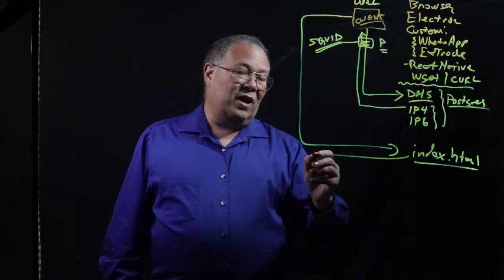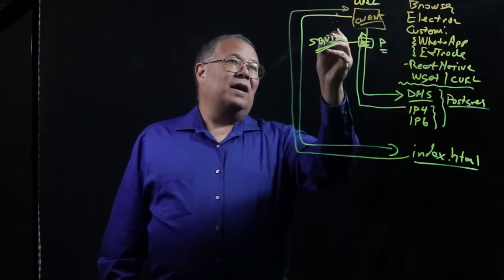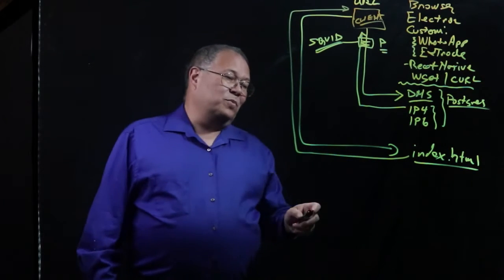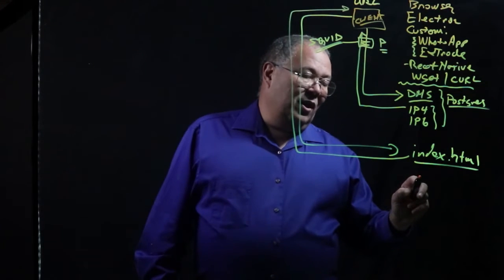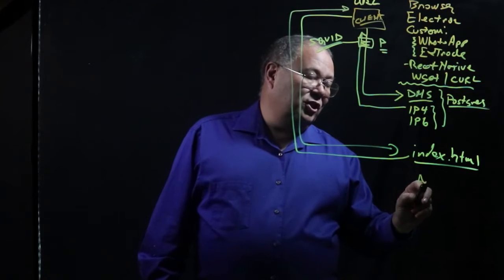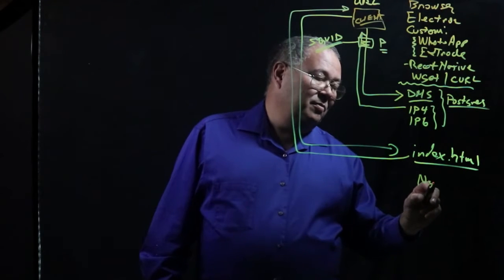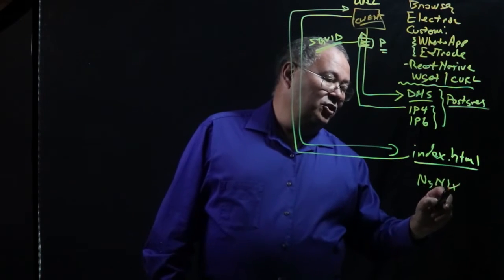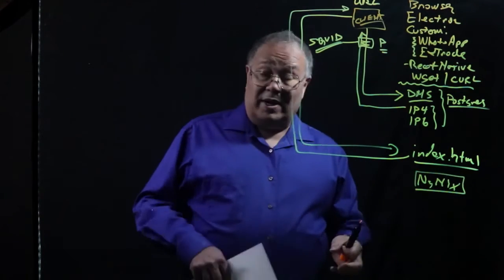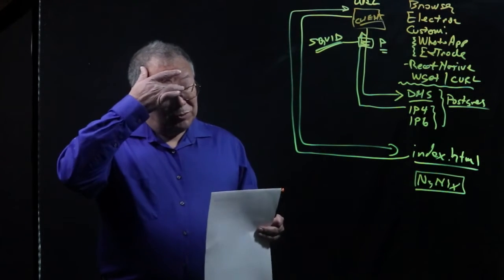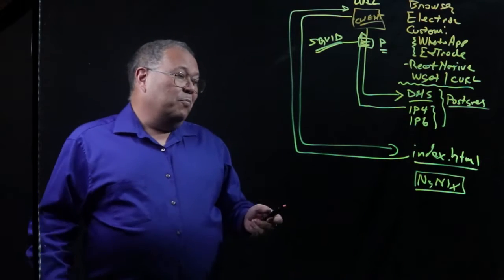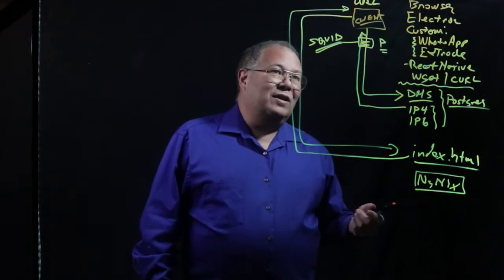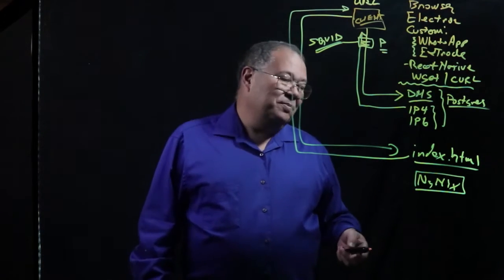It's going to pull back the file and it's going to parse it. And that file comes from some sort of a server. A lot of places run Apache or Nginx. I tend to run Nginx. I prefer it much over Apache. But that's a preference. Lots of good things about Apache too.